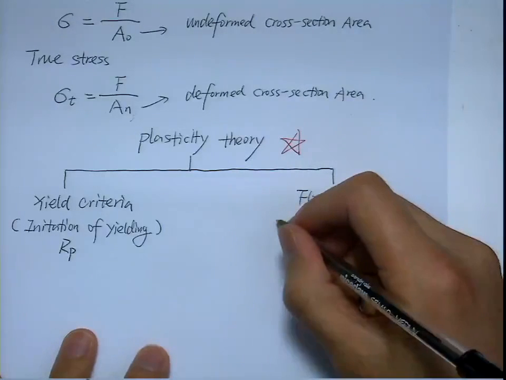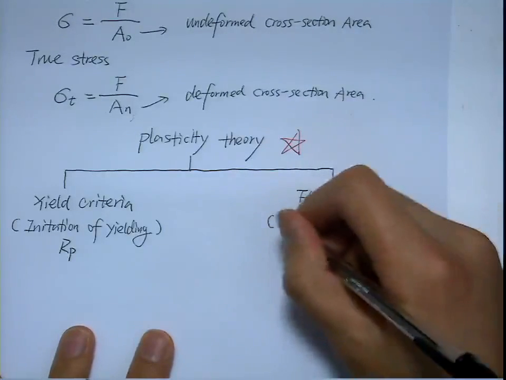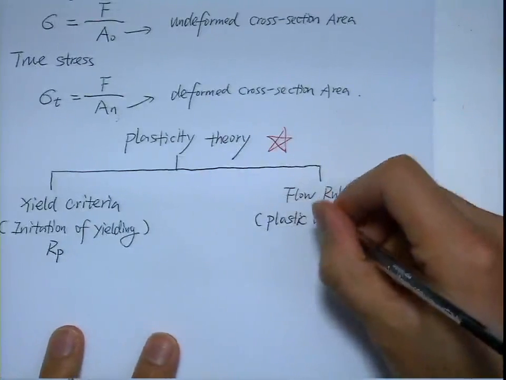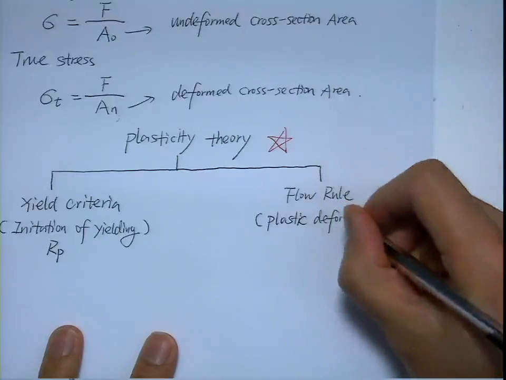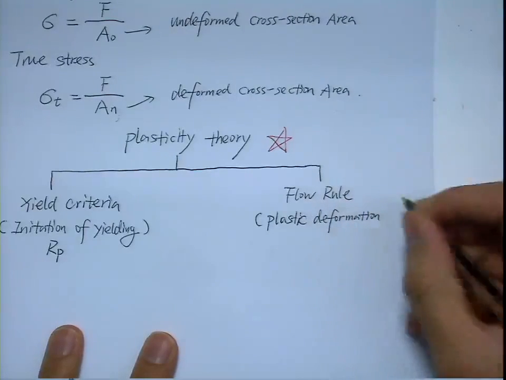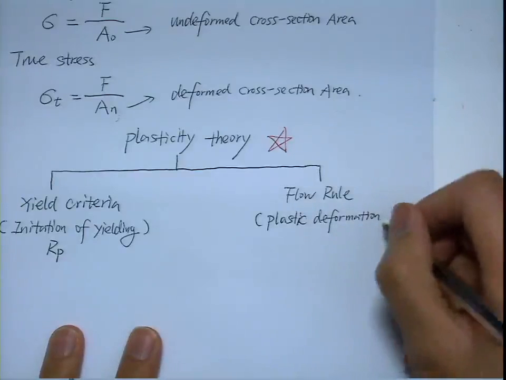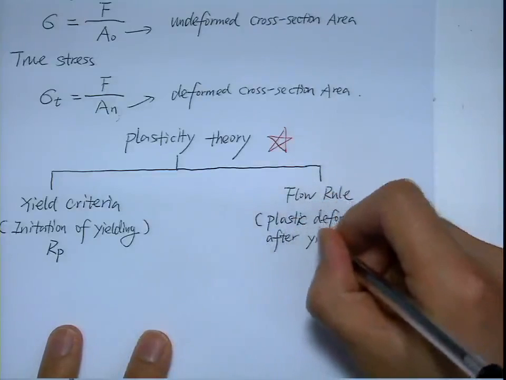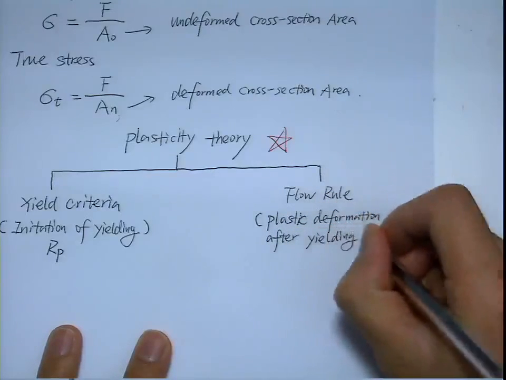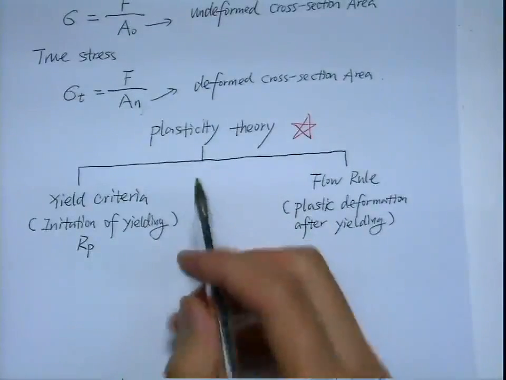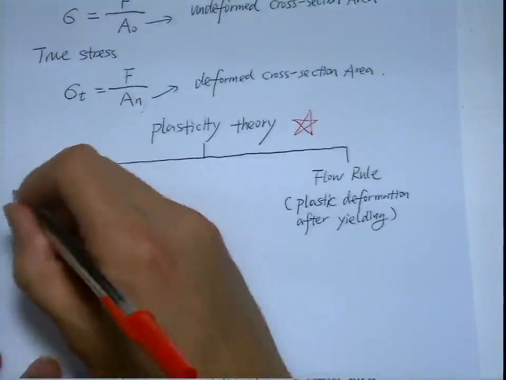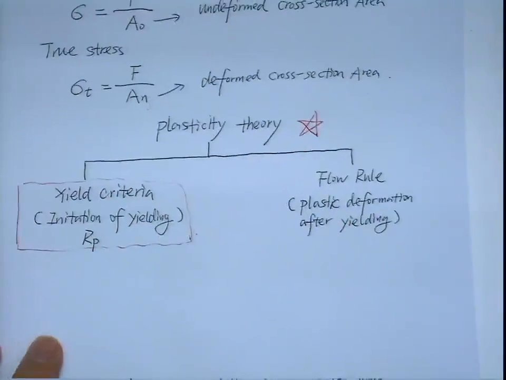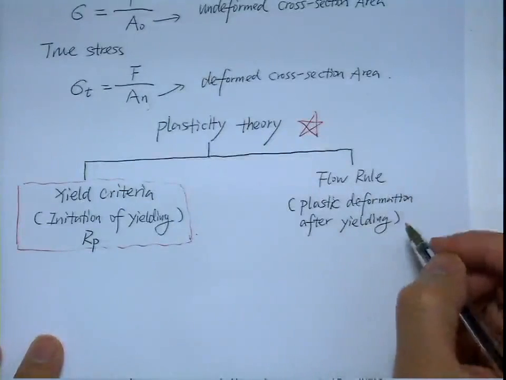That governs what happens after the yielding point, how the plastic deformation happens. So you need to give a rule for how this plastic deformation goes. This is after yielding. And most of our focus is on the yield criteria. Okay? The other part is not that important in this module.